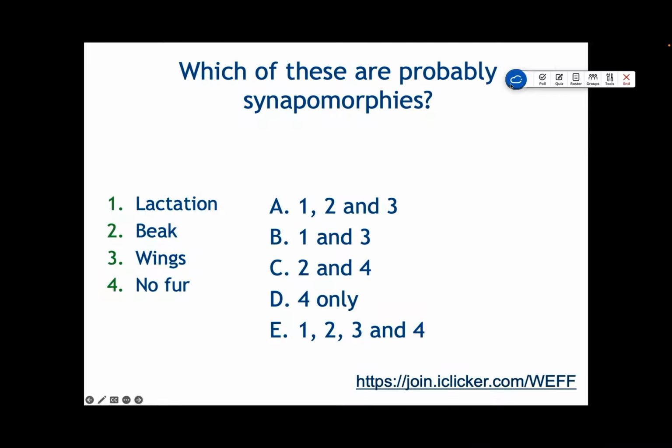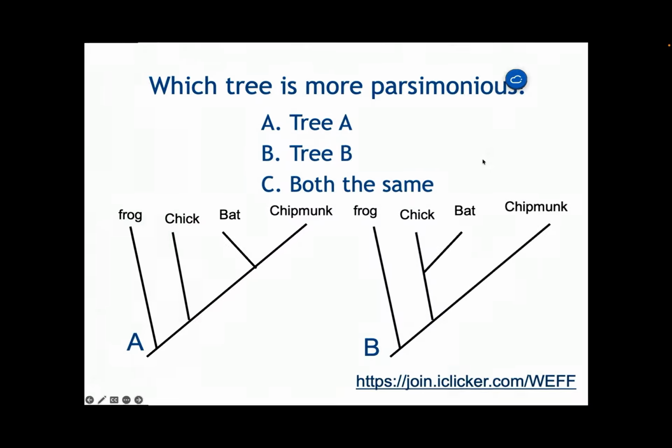Okay, so now that we've identified some synapomorphies, having lactation, having wings, having fur, we can evaluate these 2 trees, and specifically, we can ask which one is more parsimonious, which one requires fewer evolutionary steps. So we have the distribution of wings and lactation and fur on here. And we know that the most recent common ancestor probably didn't have any of them.